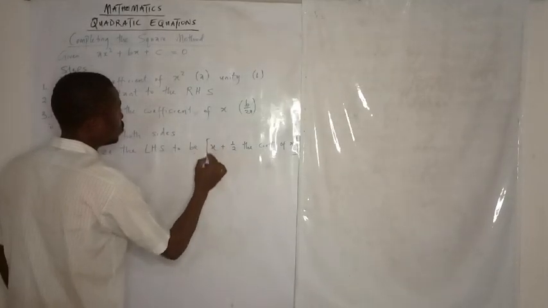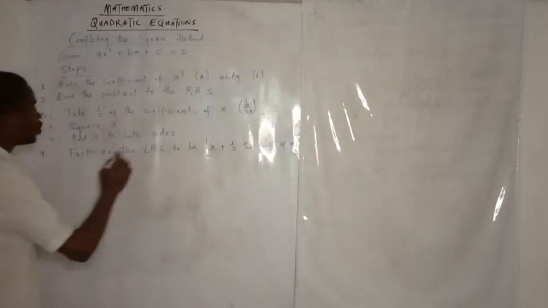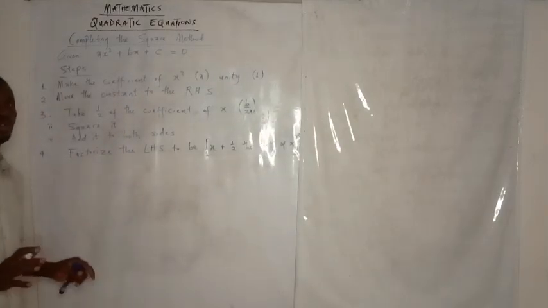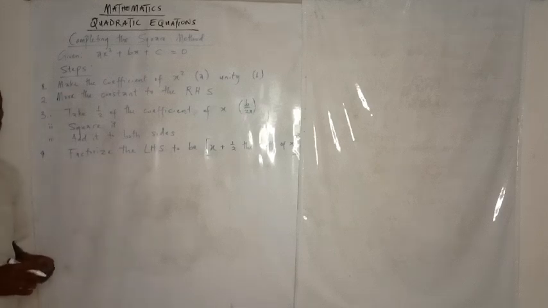So that's what you're going to have, x plus half the coefficient of x all squared. That will be on the left hand side. Don't bother, when we treat an example, you'll see how we apply each of these steps.